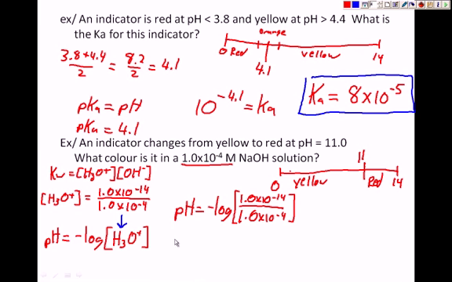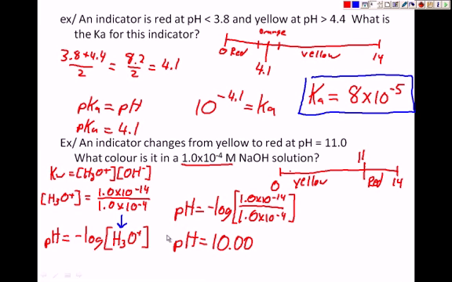We don't even need a calculator for this one because this is going to be 1.0 times 10 to the minus 10, and if we take the negative log of that, pH equals 10. This is 2 sig figs and 2 sig figs, and so pH is going to equal 10.00.